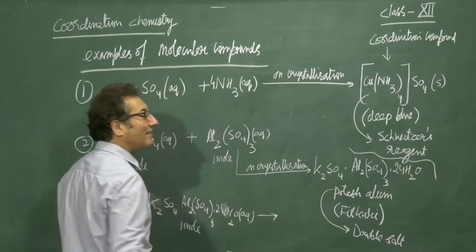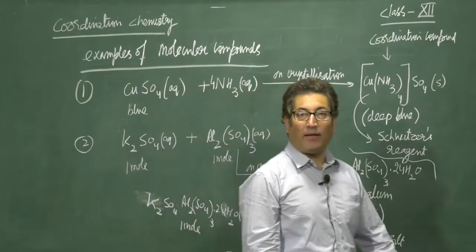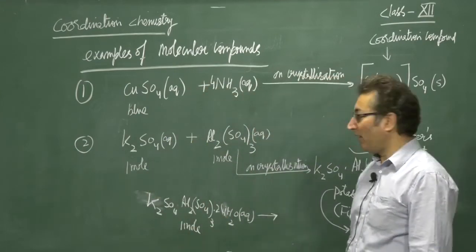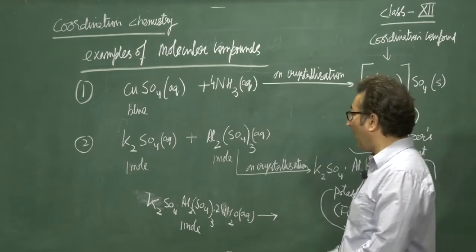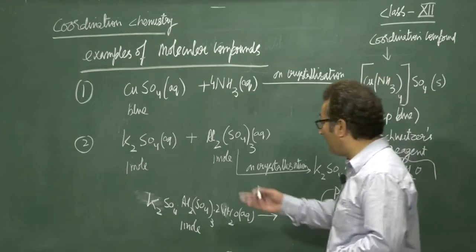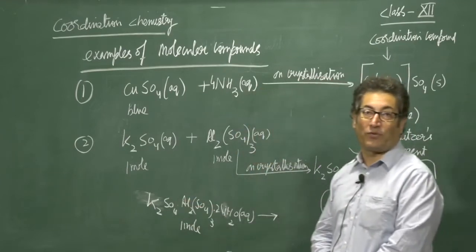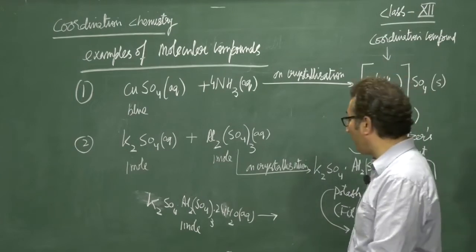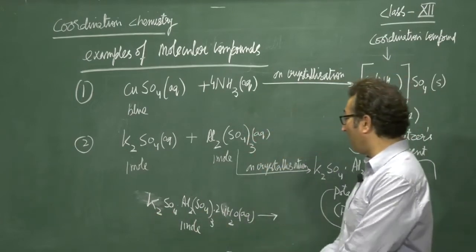It will lose its identity. That means it will no longer have this composition. Then what will happen to it? As every salt in solution dissociates into ions, this potash alum will also dissociate into ions. Now, which ions will be formed in solution? From the formula it becomes clear.